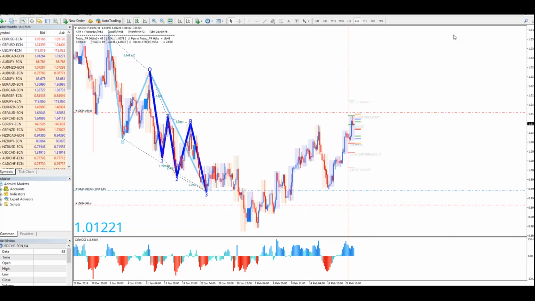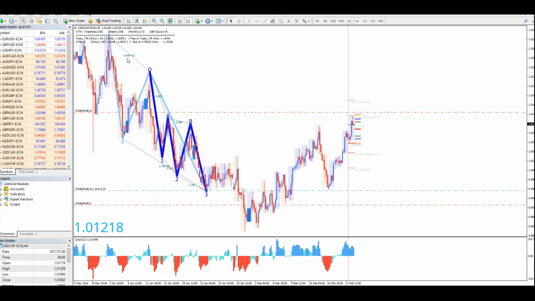Dollar Swissy is in a form of correction. How do we know that? First, we had a downtrend. We had some patterns that were just small retracements. I only take valid patterns here. A valid pattern for me is very close, if you go with A, B, C, D, as I already explained in price action trading school.